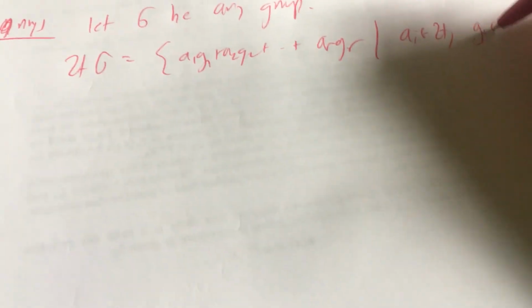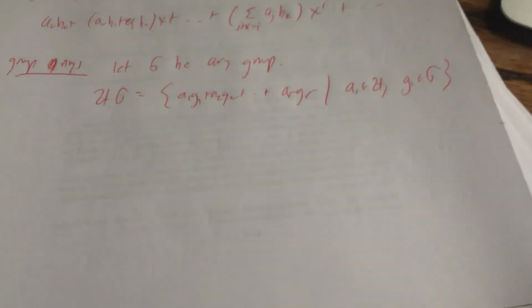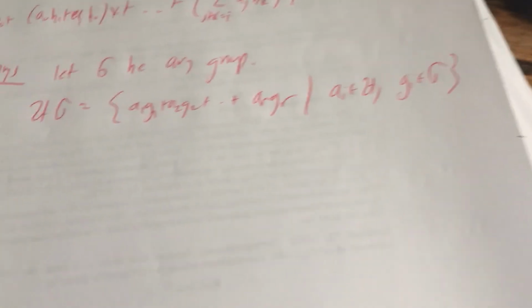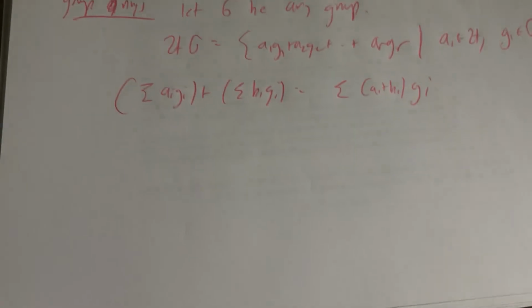And the point is that ai is in Z, gi is in G. So you literally just formally make a collection of integers times group elements, and then just formally write their addition. Okay, and the way that you then define the operations is you define the sum of ai gi plus the sum of bi gi to be the sum of (ai plus bi) gi, like that.